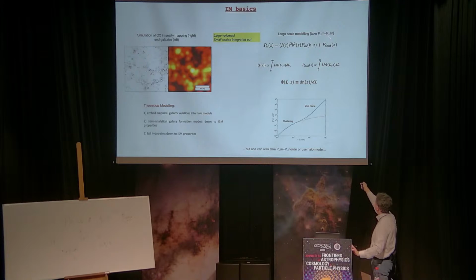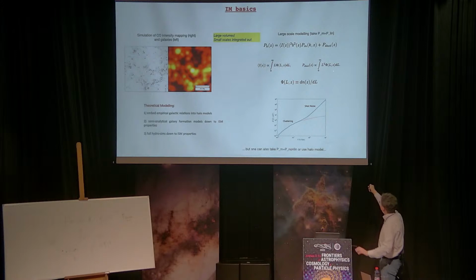There is typically a shot noise term, which is important at small scales. So if you plot this power spectrum in dimensional units, you have here the clustering pattern information, and at some point the shot noise kicks in, and then you have this slope here. So this is the luminosity function dn/dL of these sources, and the intensity is you weigh the luminosity with this function once, and the shot noise term is basically the second moment of the luminosity.